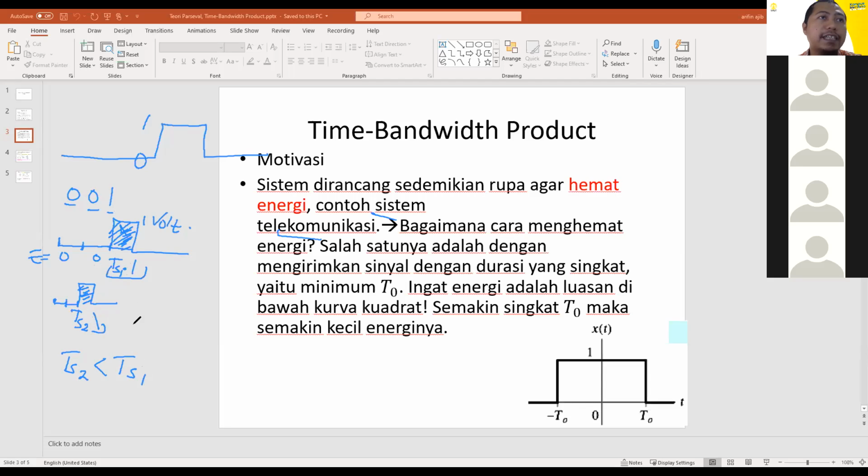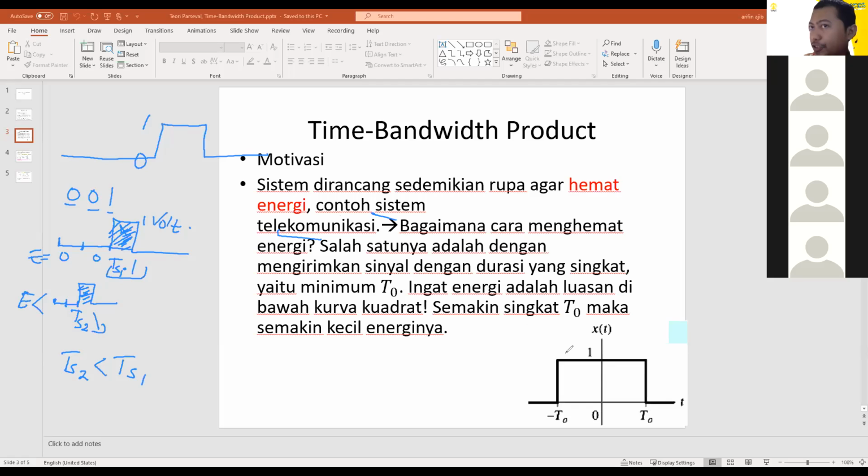So in this case, the energy is smaller, right? That's a certain way to reduce the energy: reducing the time sampling, or reducing the duration of the signal.